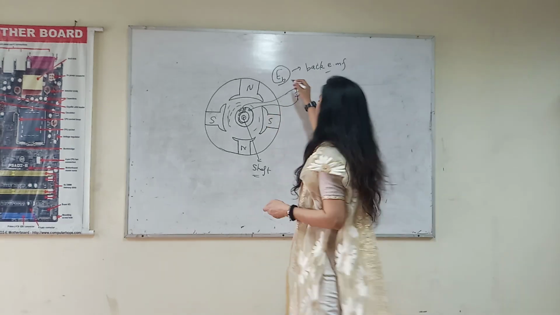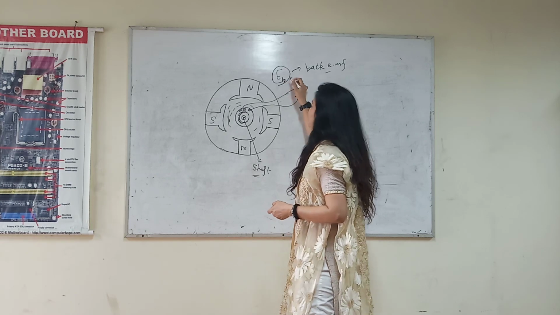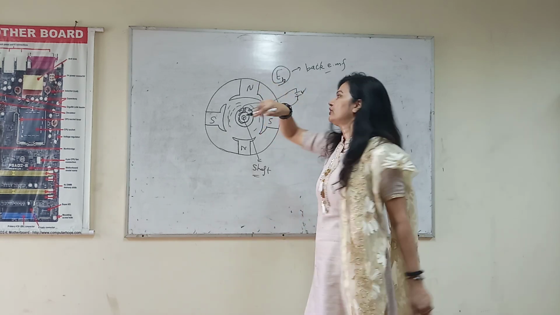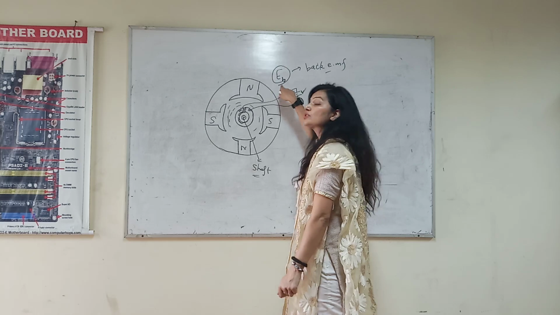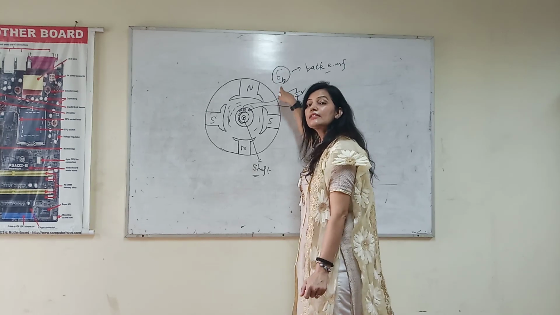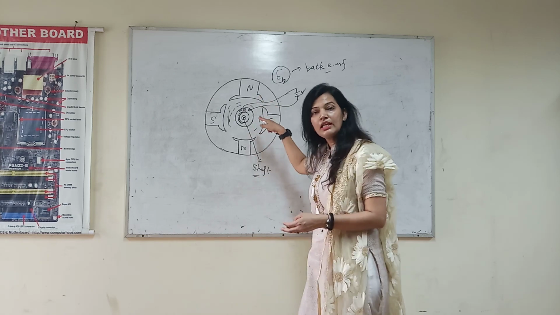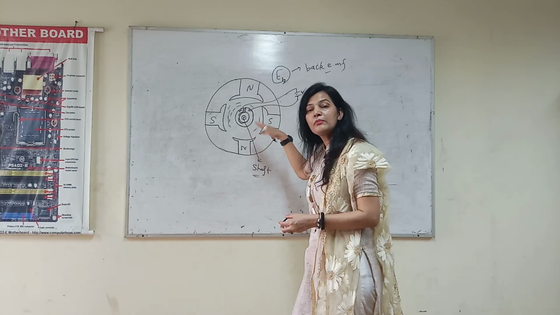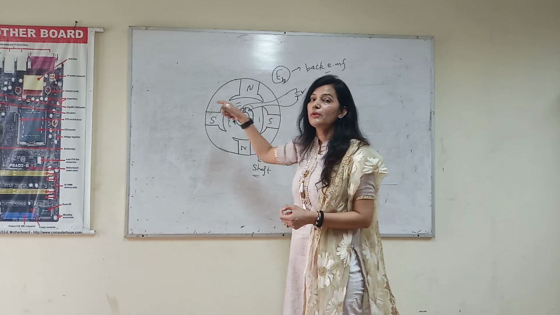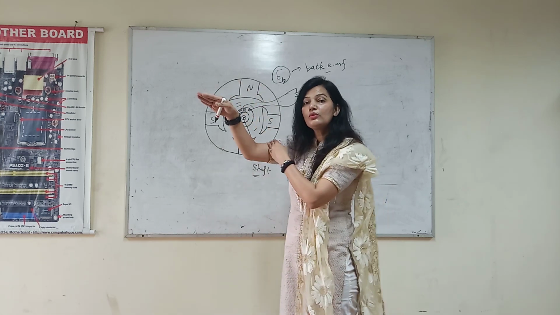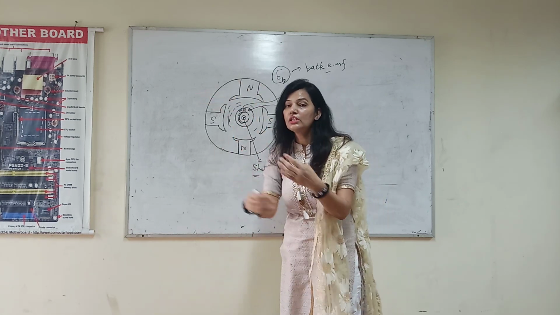So EB is in the opposite direction to that of voltage. How was EB produced? EB is the EMF induced when the armature rotates, and the armature rotates because of torque production. How was torque produced? When current flows through the conductor.